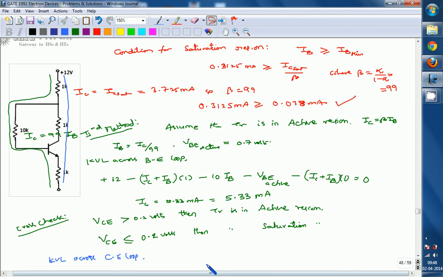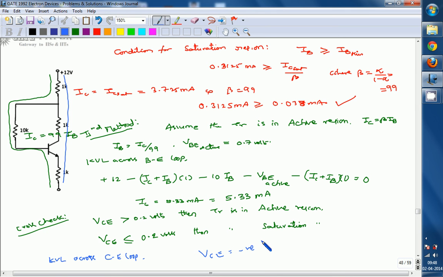So from this one, if you are assuming IC is equal to 5 milliamperes, 5 into 3 is 15, 12 minus 15, it's going to be a negative value you will get. So if you apply KVL, VCE comes out as a negative value.